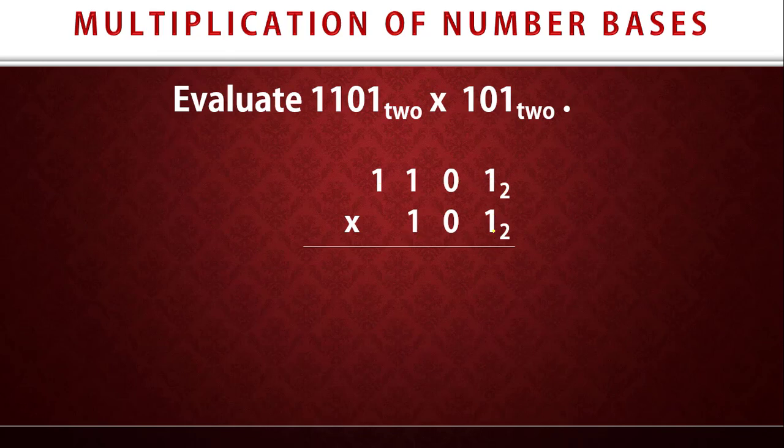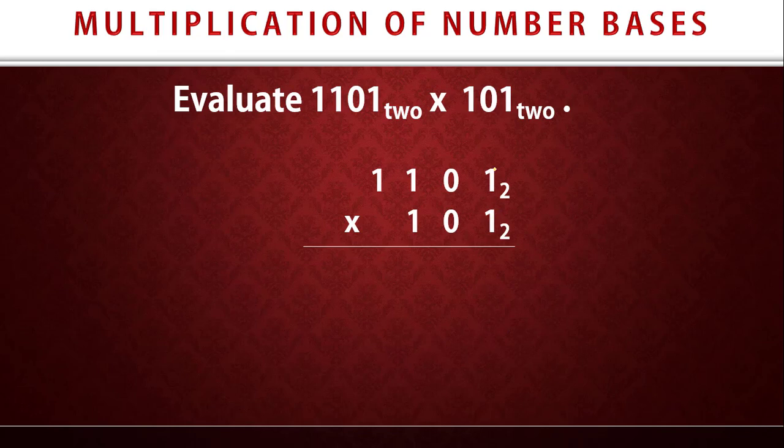So we start off by multiplying 1101 by this digit 1 that is here, and the next one we will multiply 1101 by this digit 0, and then the next one will now be for us to multiply 1101 by this last digit 1 here. So let's start now.